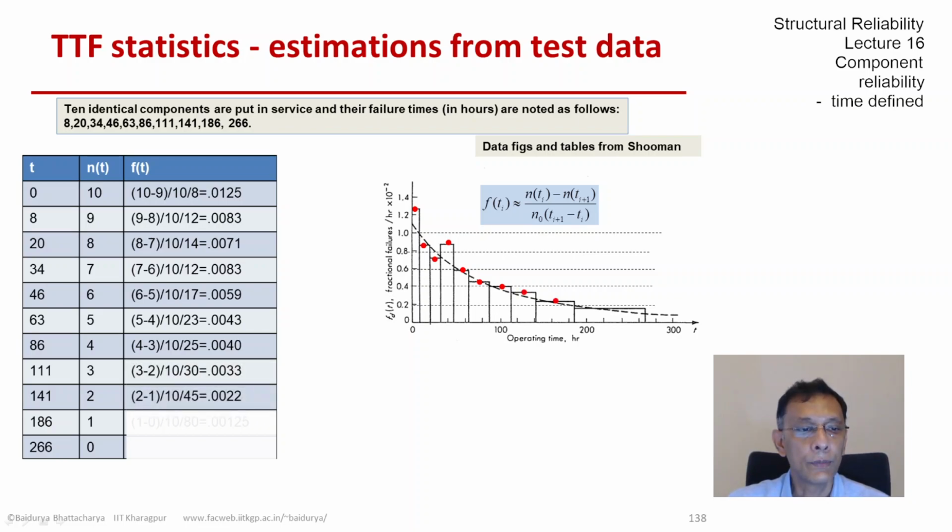So we proceed. The last interval has a duration of 80 hours and one failure, obviously. So that ends the PDF with 0.00125 per hour.